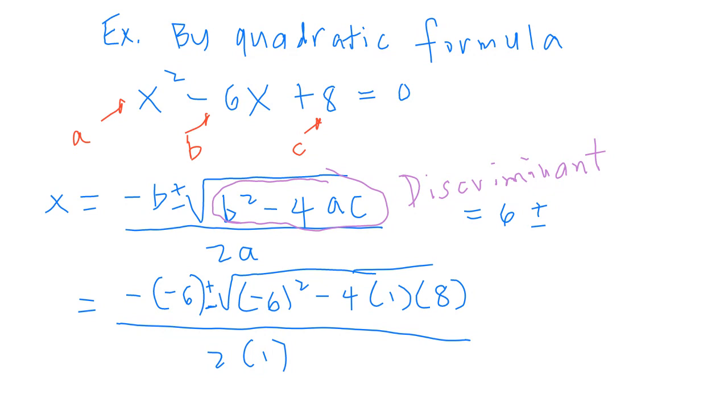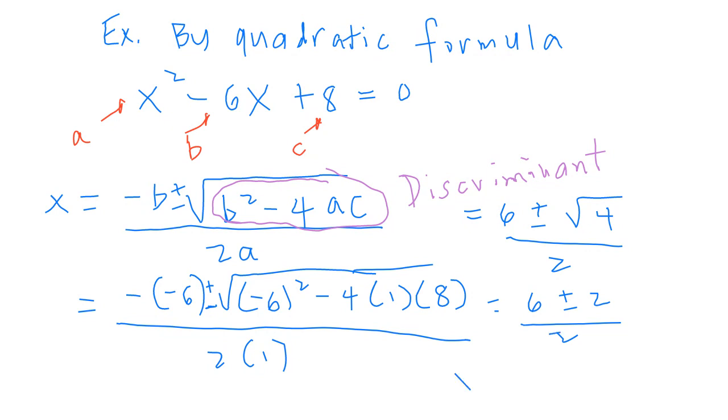I'll just show you. That's a 4, so it's 36 minus 32, that would be a 4, right? Divided by 2. I'll just do it step by step. You have 6 here, then plus and minus 2, divided by 2. So you have two answers.